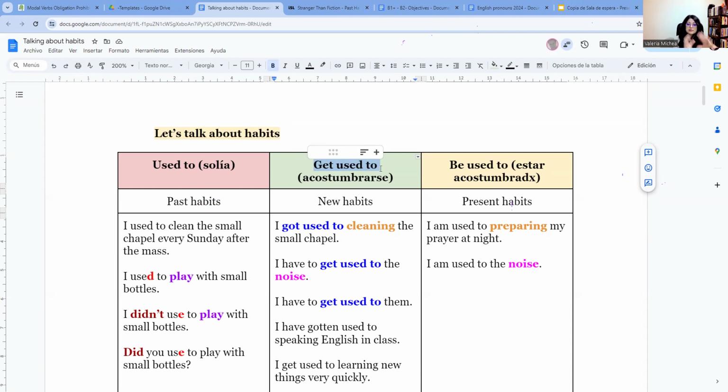And finally, be used to is the only one that uses the verb to be. So please don't mix them with got. "He got is used to": no, it doesn't make sense. So be careful with all of those ideas because they are different structures and they refer to different things. There's no need to mix them up because it doesn't make sense.